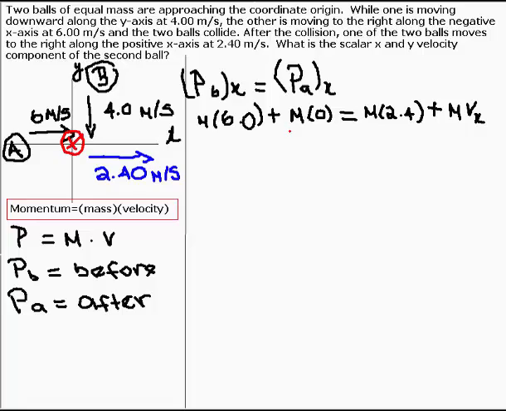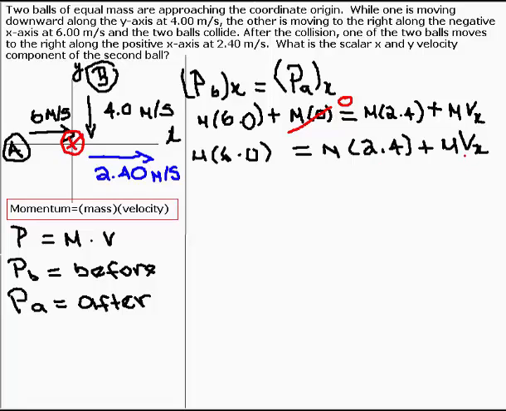We can now just cancel out the m times 0 because that's just simply 0. And we can rewrite the equation as m for mass times 6 equals m times 2.4 plus m vx of the second ball. Now the goal here is to isolate vx, the velocity of the second ball, which is unknown. Therefore, we want to try and get rid of the 2.4 times m, and we do that by subtracting it from this side and subtracting it from that side as well.